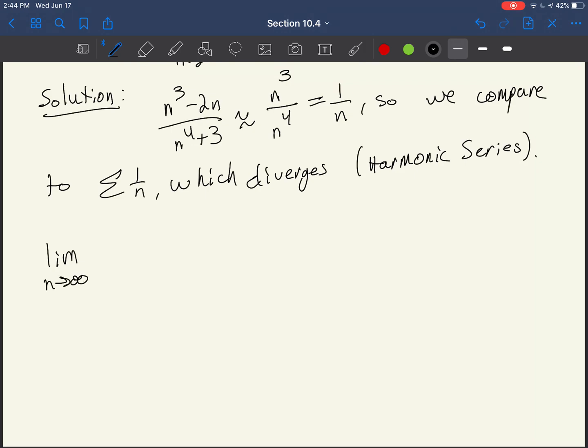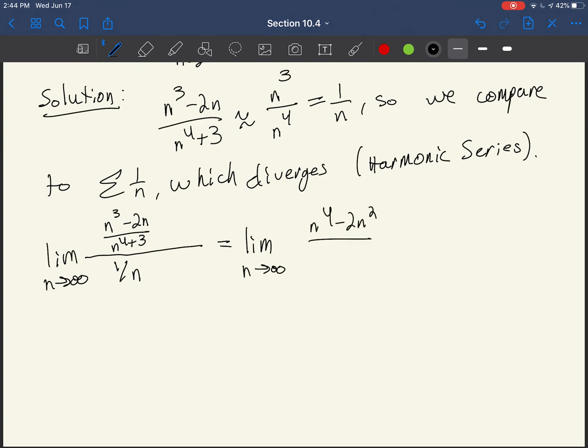Okay, we use the limit comparison test. So the limit as n goes to infinity of what we're interested in, n cubed minus 2n over n to the 4th plus 3, divided by what we are comparing it to, 1 over n. This is the limit as n goes to infinity of n to the 4th minus 2n squared, divided by n to the 4th plus 3, which again, these have degree 4, with coefficients 1.